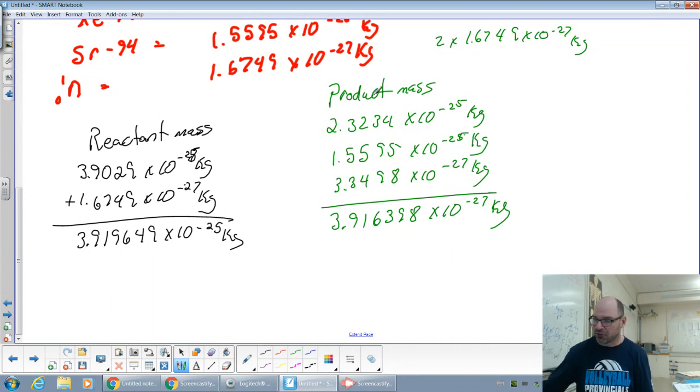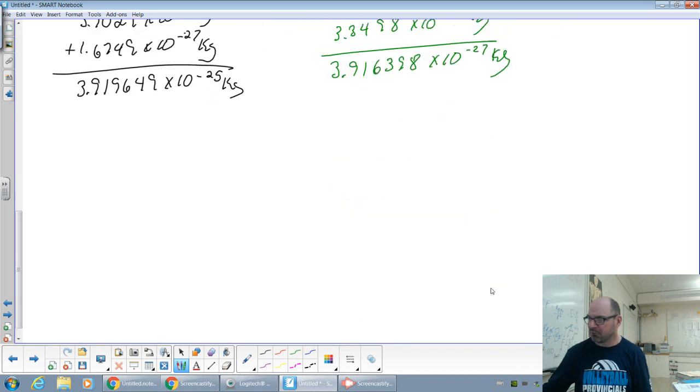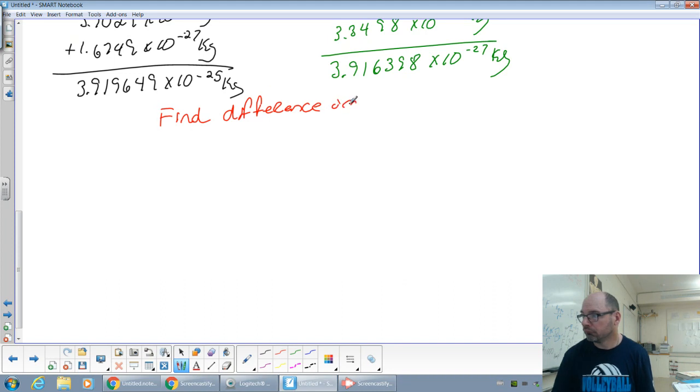Okay, so then what we do is we find the difference in mass. Okay, so what does that look like? Well, this one here is a little bigger. Oops, this is 5, sorry.